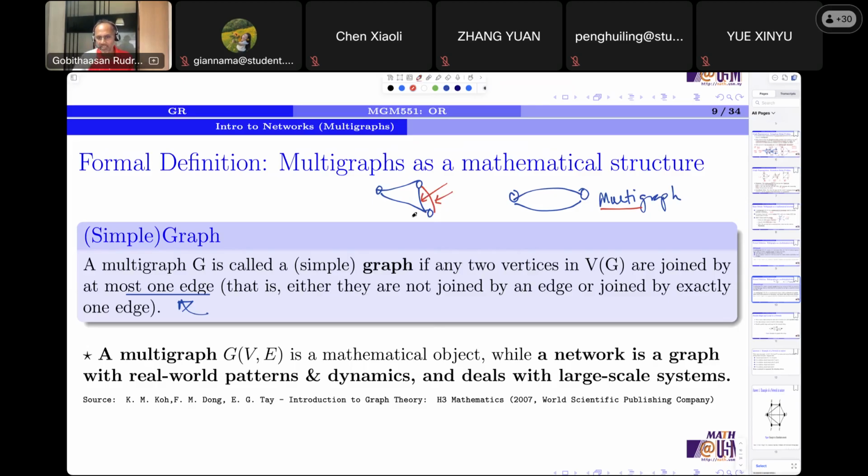Throughout this lecture until the end, you will see that rather than calling it a multigraph, we will call it a network. Both carry the same meaning. A multigraph is a mathematical object, while a network is a graph with real-world patterns and dynamics, dealing with large-scale systems.